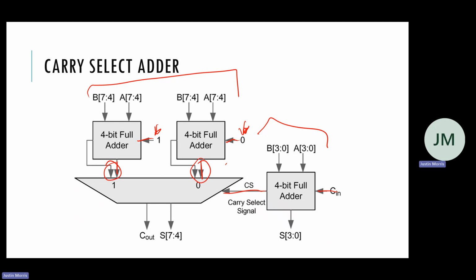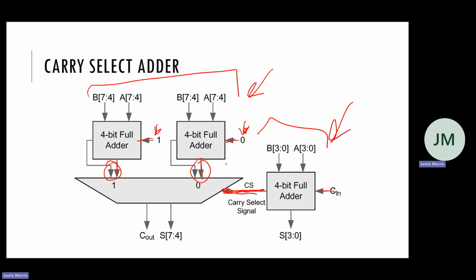I have them both. And then I'm just going to use this multiplexer with the actual results of the carry. So if there was a carry, I get this result. If there wasn't a carry, I get this result. So now I can do this 8-bit addition in the same time that I would do 4-bit addition, because this happens at the same time as this.